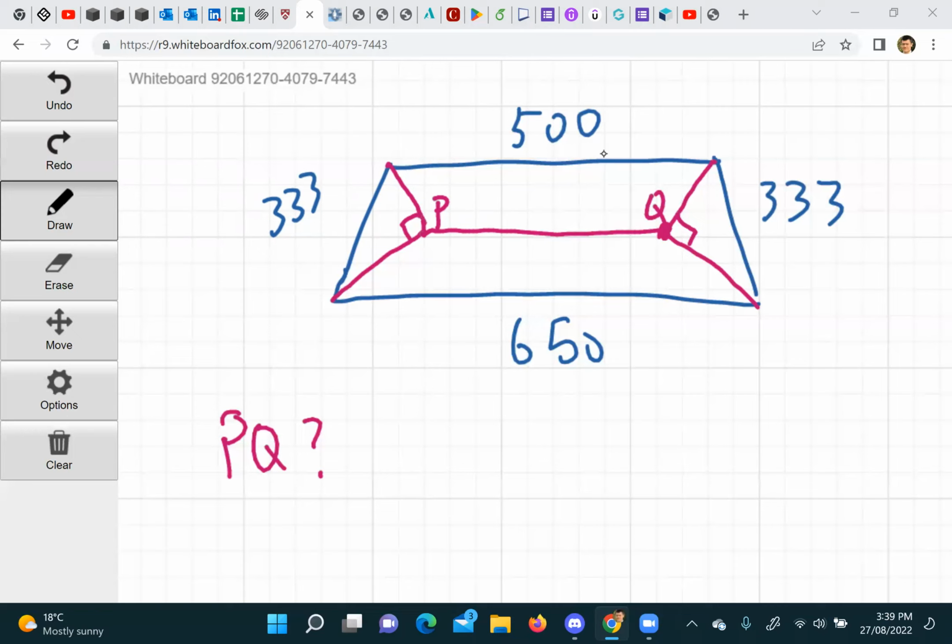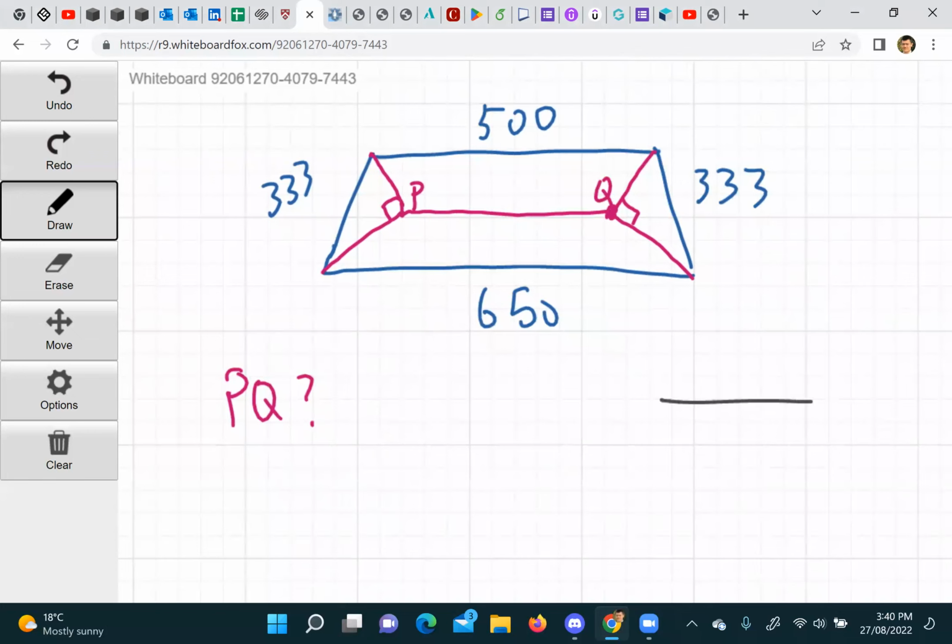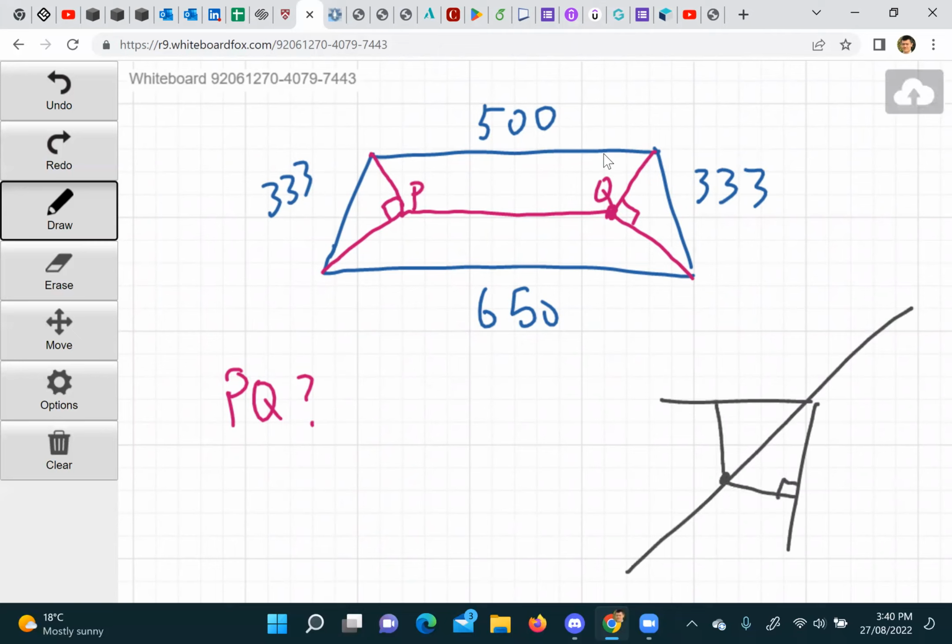So, the angle bisector. I don't know if you watched the video on angle bisectors and incircles. If you have two lines and an angle bisector, the angle bisector is exactly all the points which are equidistant from both lines.